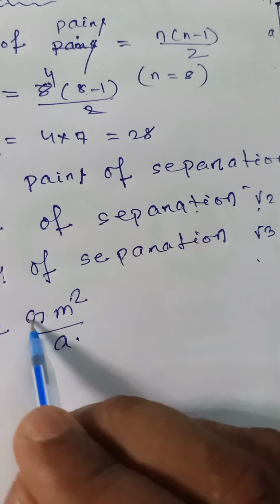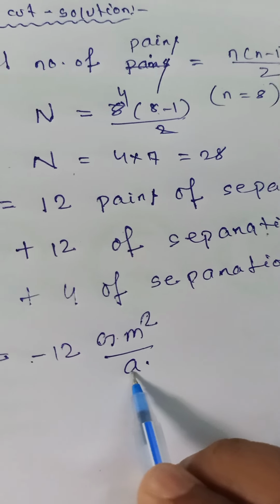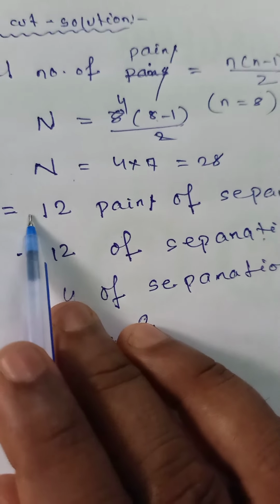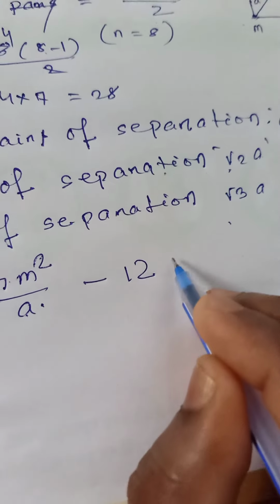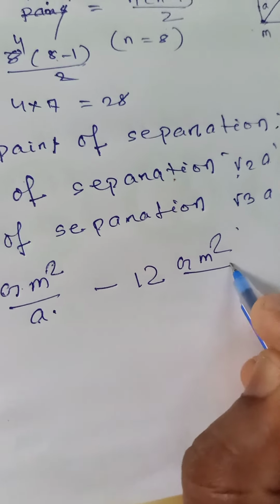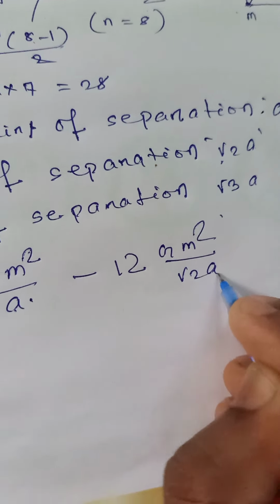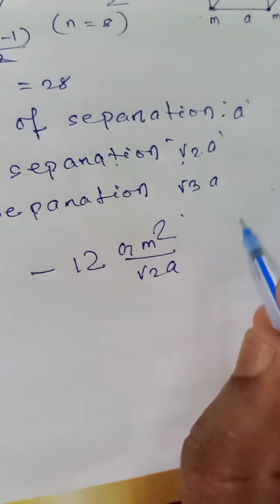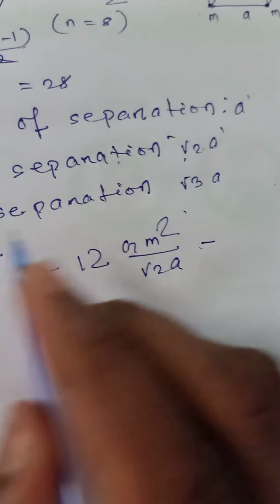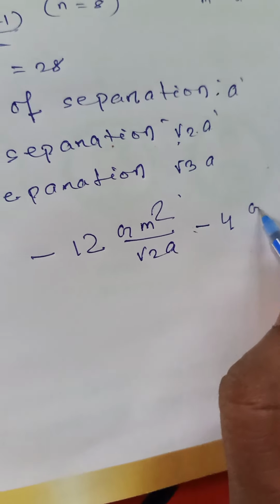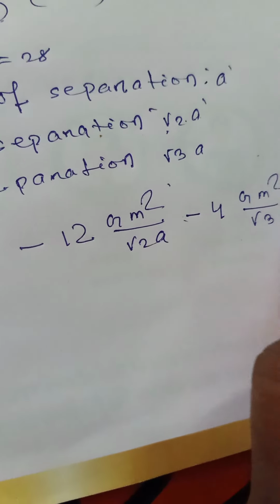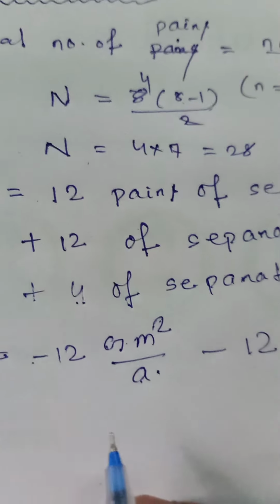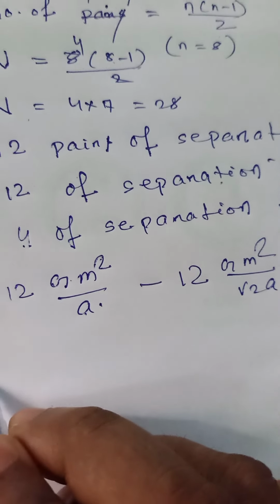So for the 12 pairs, minus 12 G m squared divided by a, similarly minus 12 G m squared divided by root 2 a, where the side is root 2 a, minus 4 G m squared divided by root 3 a.